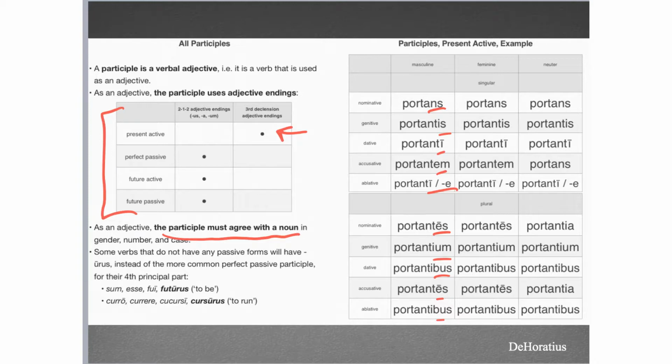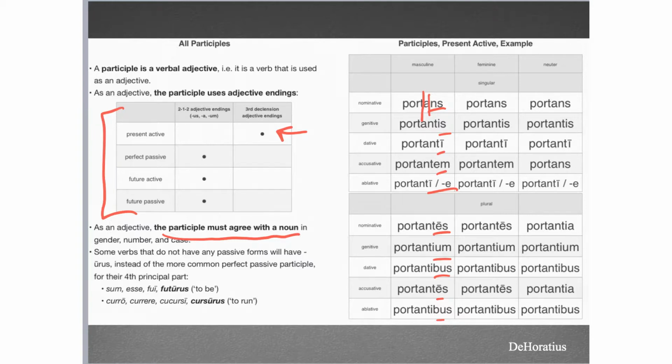These are put onto the present stem. All right, so porto, portare. All right, there is my stem, port. My character is A, and then my ending. They are one termination, third declension adjectives. If you remember, that means all three genders have the same nominative form. And then that NT is the stem for all the other endings.